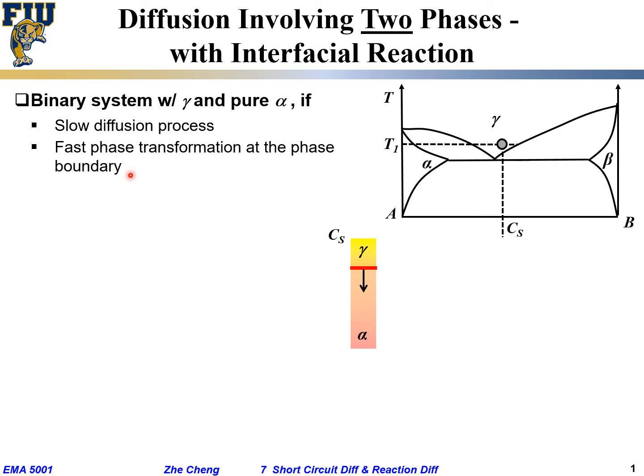Under these assumptions, slow diffusion and fast interfacial reaction, we can say the system would achieve so-called local equilibrium. Local equilibrium. What does that mean? I have gamma phase here.